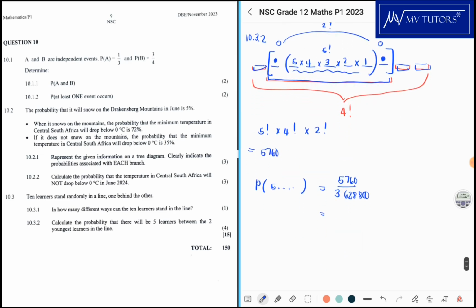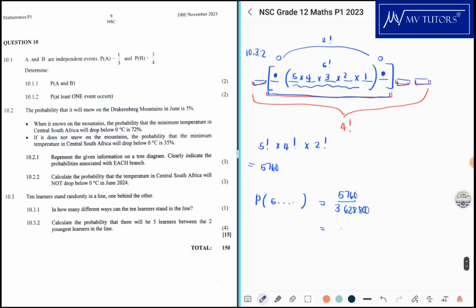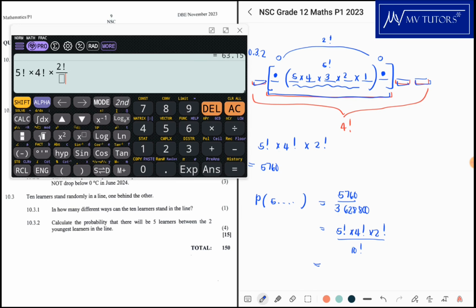Or if you wanted to write it all out, you could say 5 factorial times 4 factorial times 2 factorial all over 10 factorial, just so that there isn't a mess or any numbers that are excluded.